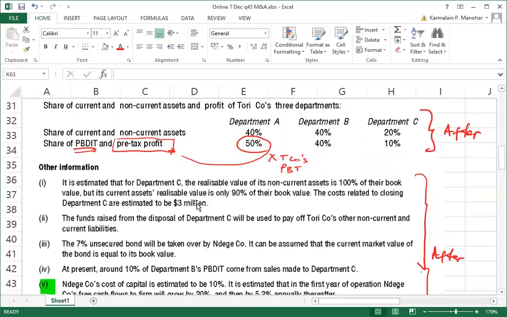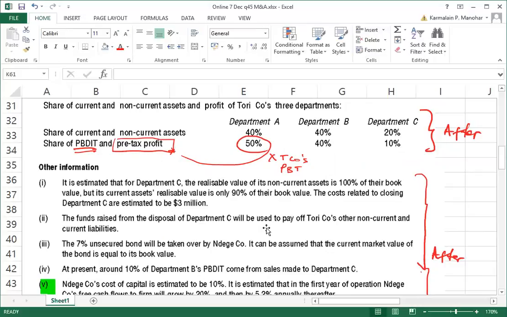It's estimated that for Department C, the realizable value of its non-current assets is 100% of their book value. So they actually give an easy note at the top. But its current assets realizable is only 90%. Costs relating to closing Department C will relate with 3.